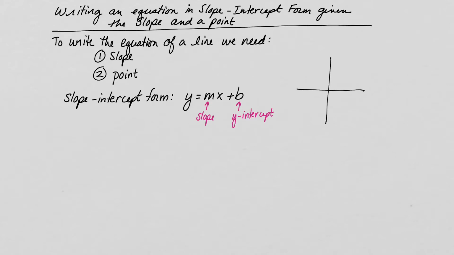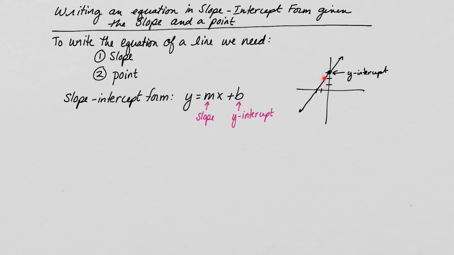Let's say I had a graph here and it crossed here at 3. Okay, so let's say that was my line. This right here, that's the y-intercept. And so in this case, because this point here is 3, b would be 3.